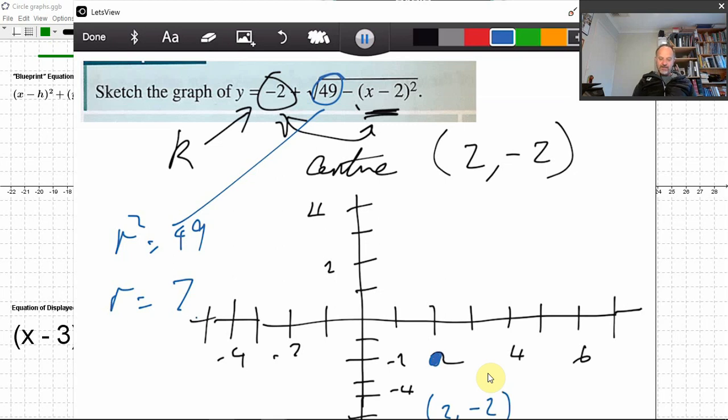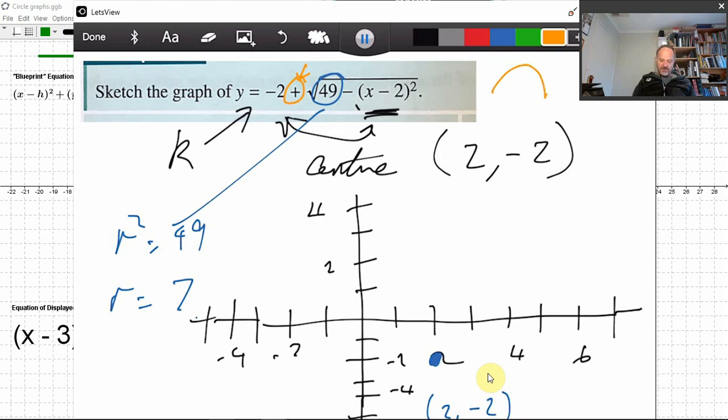Now, then we've got a radius of 7. So we can move 7. So first of all, we've got to decide whether it's above or below. And so get rid of that and see here, we've got a plus. And so the plus indicates it's the up bit.